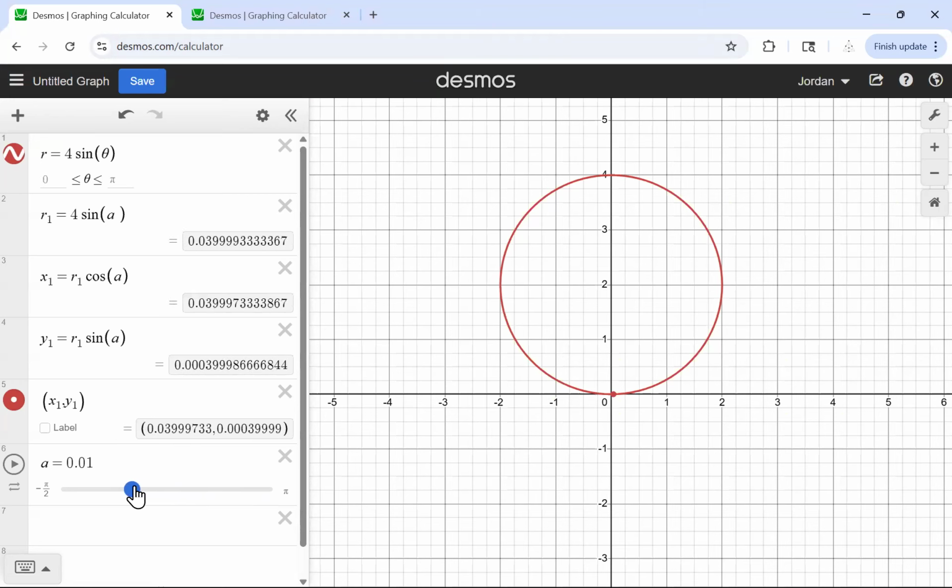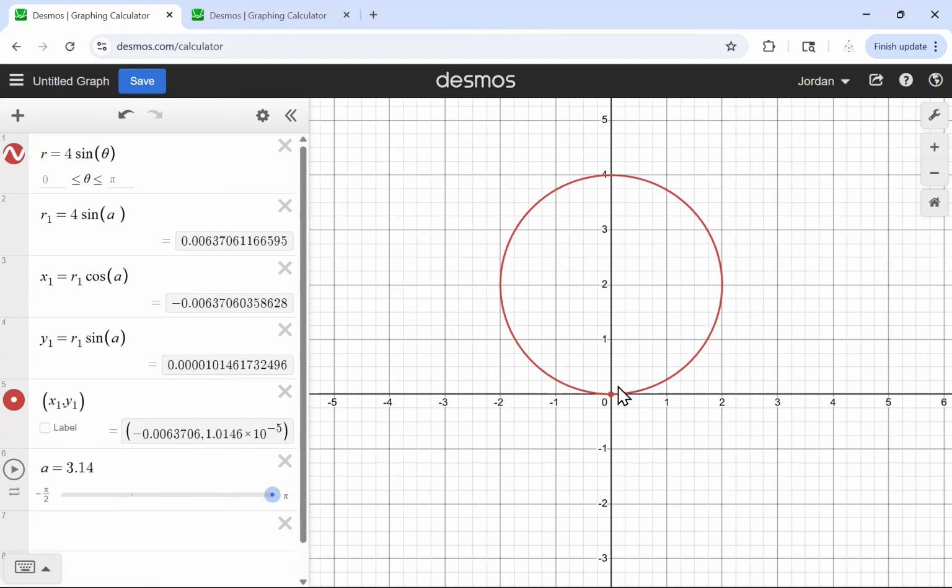And what we're saying is that if we start our point here at theta equals 0, and we go all the way around till we hit theta equals pi, we would have navigated that circle around 1 time.